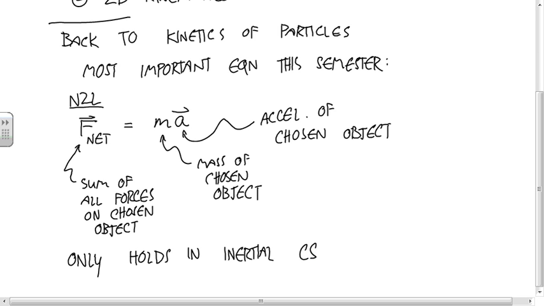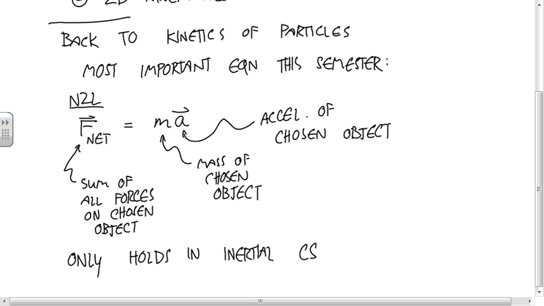And the last part of this sort of summary is, this F net seems like a lot to take into account. But it turns out that all of the forces that we have to deal with fall into two categories that are sort of easy to evaluate.